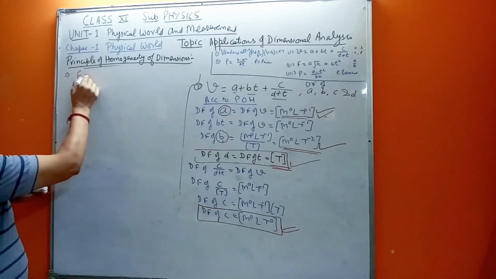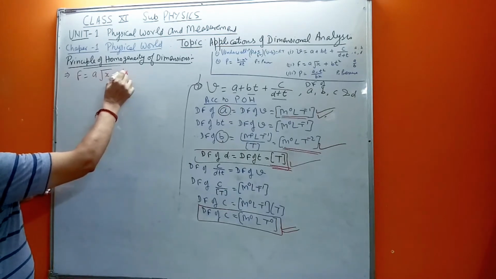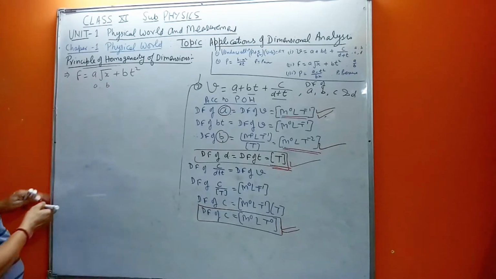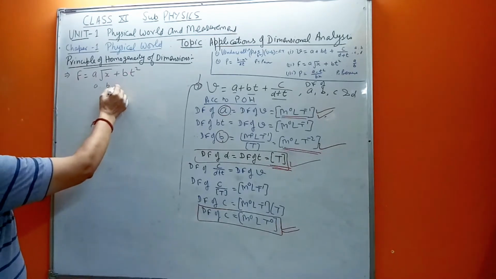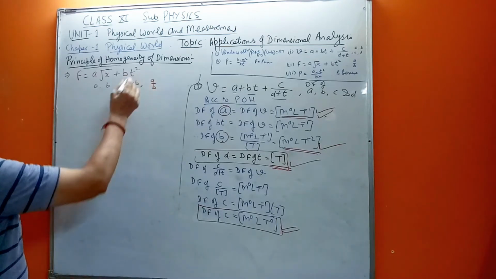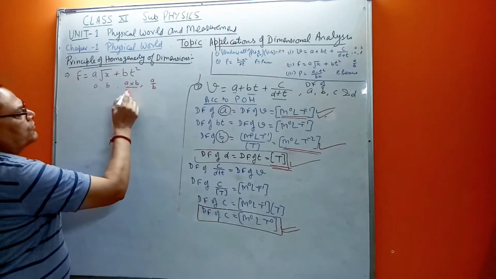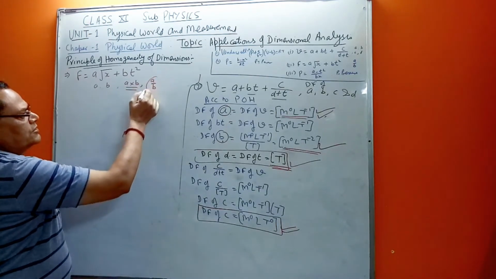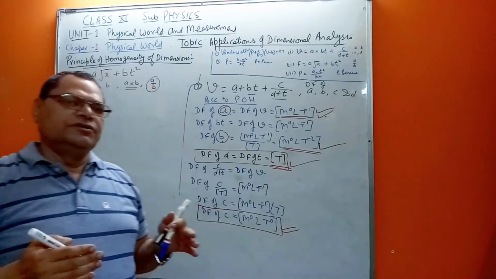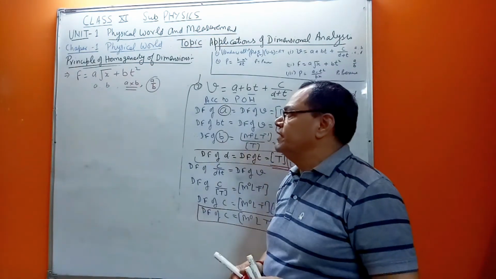The force F is equal to a root x plus b t square, and a and b are constants. We have to find the value of a into b and the value of a upon b. Naturally, to find the product or the division of these constants, we initially need to know the dimensions of a and b.